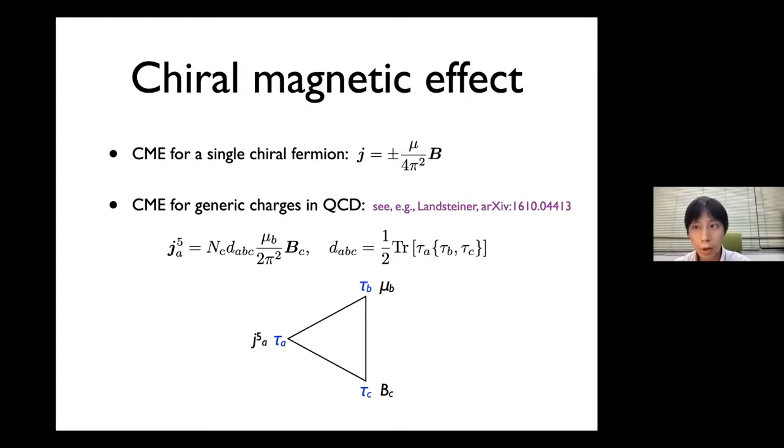For single chiral fermions, the current is given by this expression, where mu is the chemical potential of a single chiral fermion, and the signs plus and minus correspond to right or left-handed fermions, respectively. This coefficient 1 over 4 pi squared is related to the coefficient of the chiral anomaly.